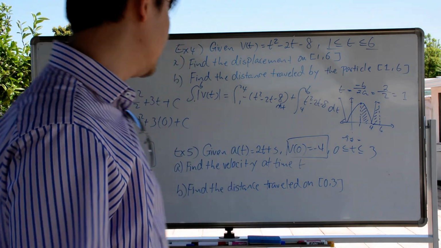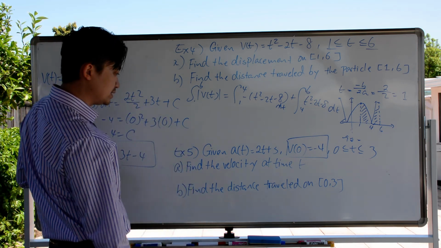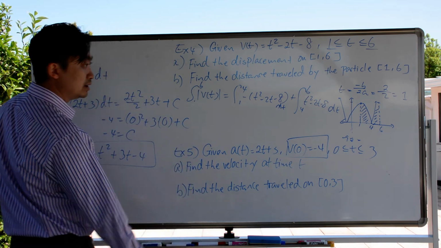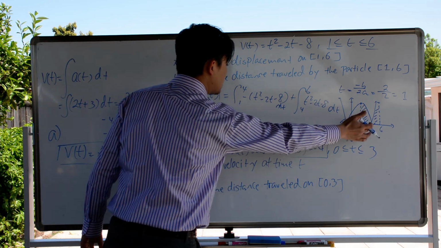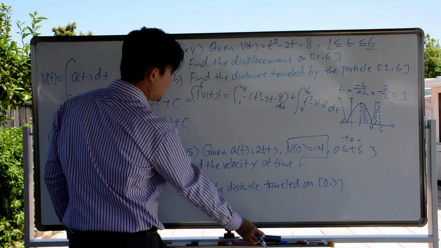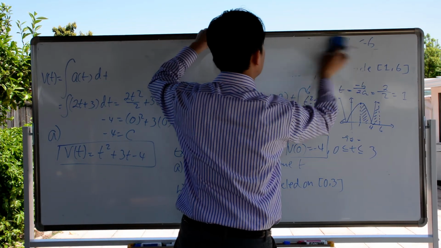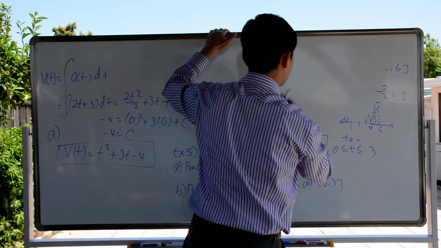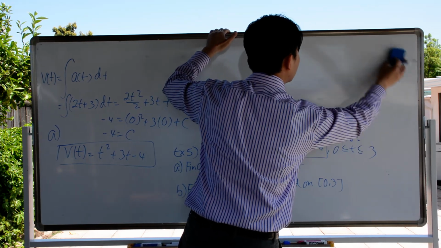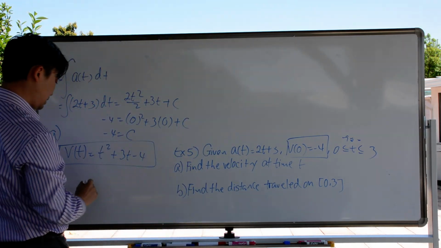And now, finding the distance from 0 to 3. Again, in order to find the distance, you need to find the position that is considered the sharp turn, because we need to break it apart. Now let me just erase this. For v of t, the one that we found, let's sketch the graph. It's a parabola. Let's find the vertex.